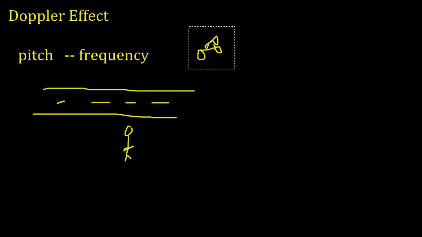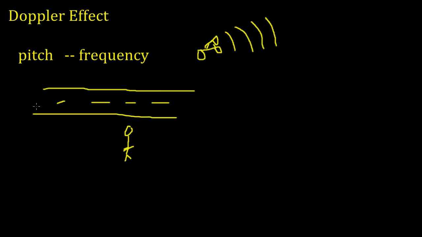And that's caused by the fact that the pitch of the motor doesn't change. If you're standing next to the motorcycle while it's running, it's just going to have a certain sound. So while the motorcycle is still, the sound waves coming off of it are evenly spaced. Well, as evenly spaced as I can draw them.